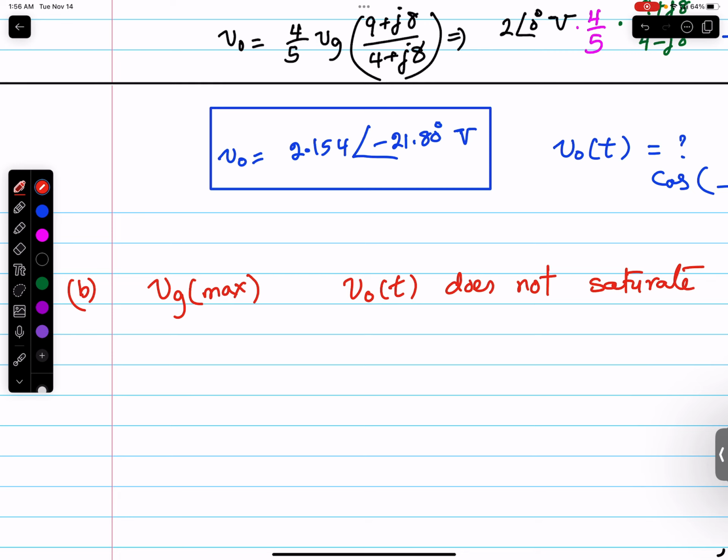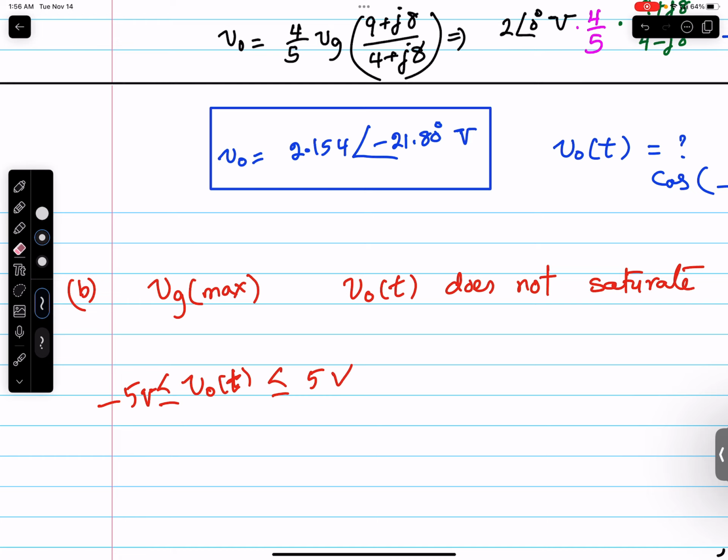Well, it's a simple problem. We want to make sure that V output of t is always in between the power supplies. If the output goes beyond the power supplies, then the op amp saturates and the output is saturating at the power supply voltage.